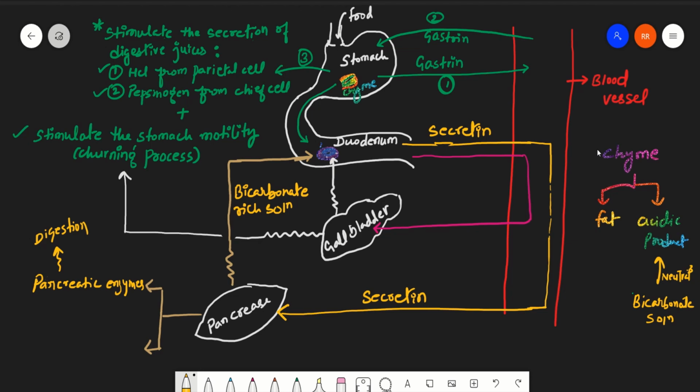It will also release lipase. This is also an enzyme which will help in the breakdown of lipid. These are the two things the pancreas will do.